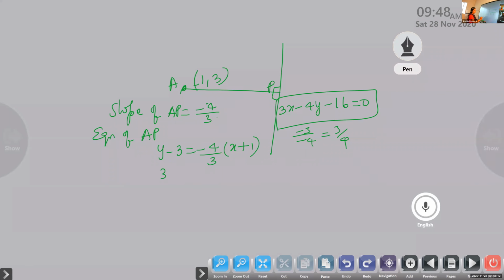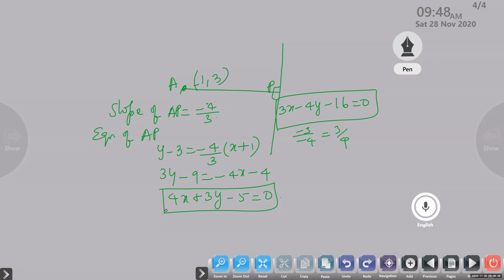So you'll get 3y minus 9 is minus 4x minus 4. When you simplify this, 4x plus 3y minus 5 is 0. Is it correct? This is the second equation. You can check these are perpendicular lines: the x and y coefficients are interchanged and the sign is changed. Only the constant will vary.